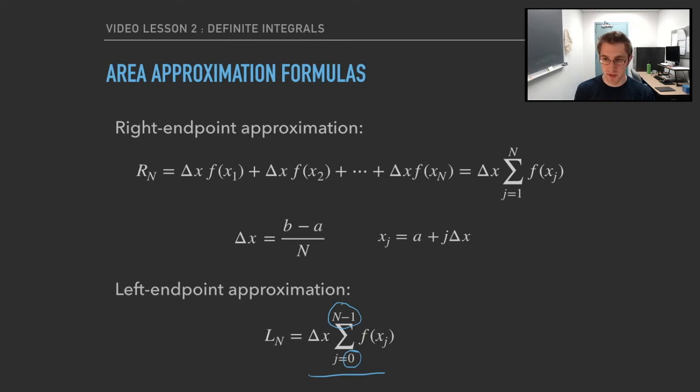That's the only place it differs from the right one. Okay, so this is an optional exercise. Go back and do the exact same thing we did just a second ago using left endpoints, and observe that you get this sum with these different start and stop points.